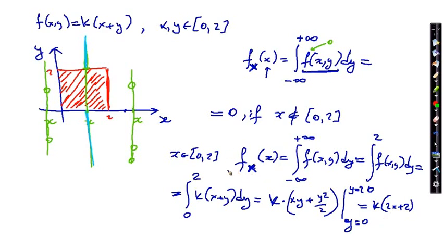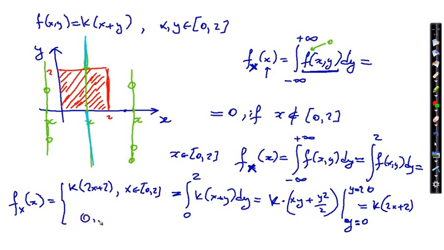So finally, I can write the formula for the marginal PDF of x. It is equal to k times (2x plus 2) if x is between 0 and 2, and 0 otherwise, if x is not in [0, 2].